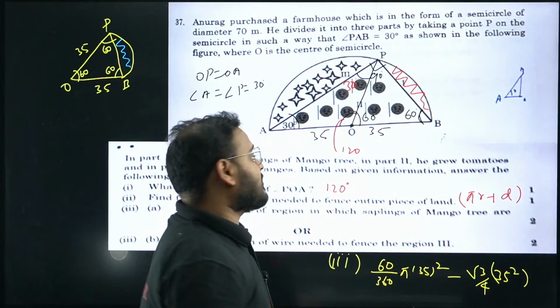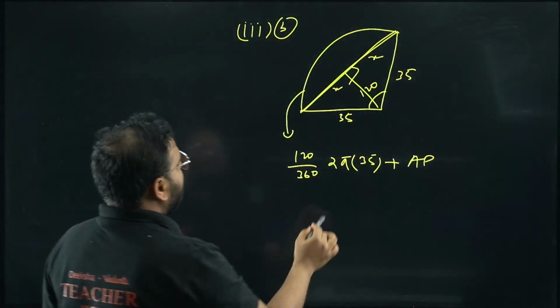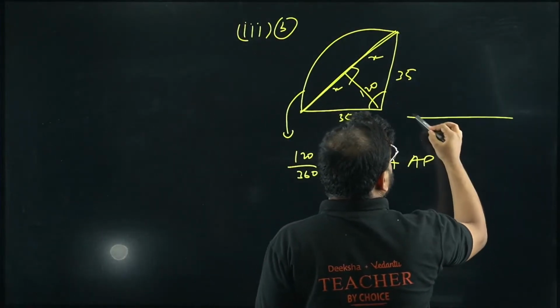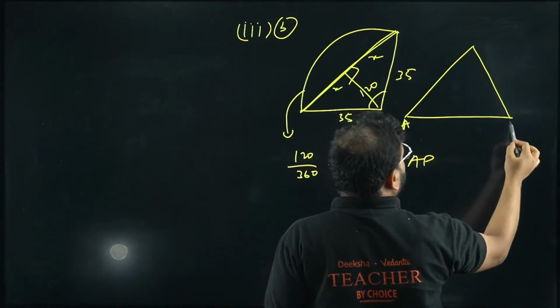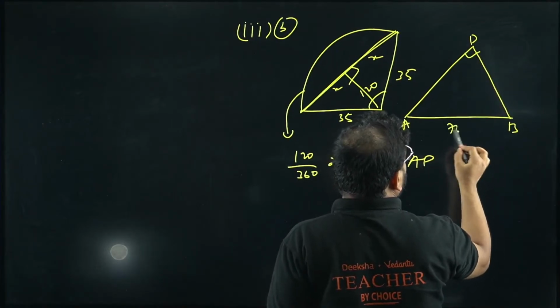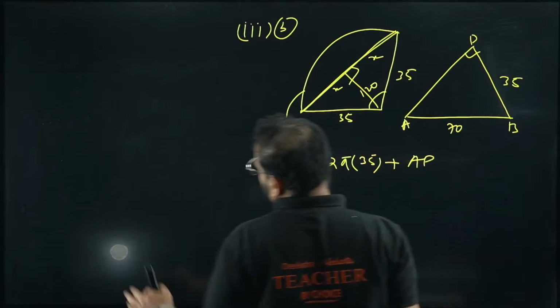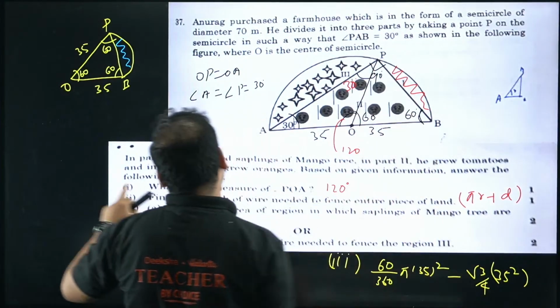Otherwise you can also use Pythagoras theorem. Please check here. Take the triangle ABP. This is 90 degrees, right? From here also you can get this value. This value AB is 70, this BP is 35, no?